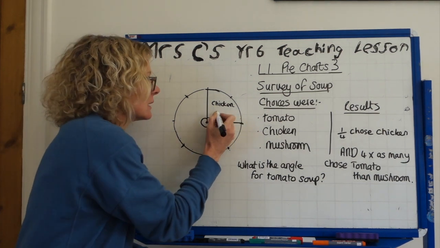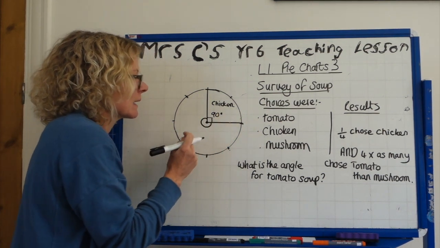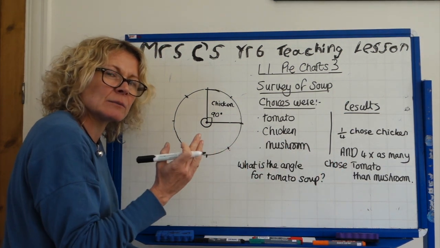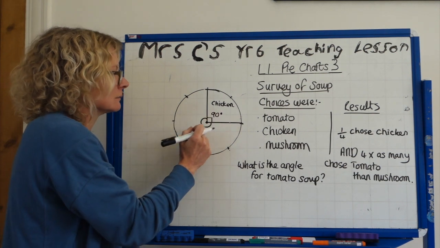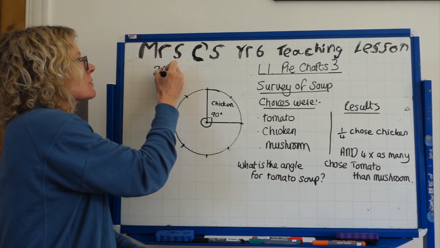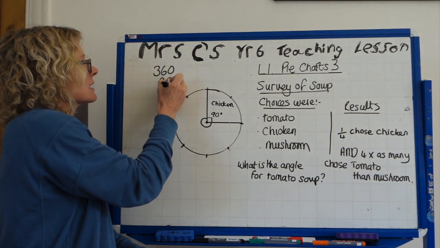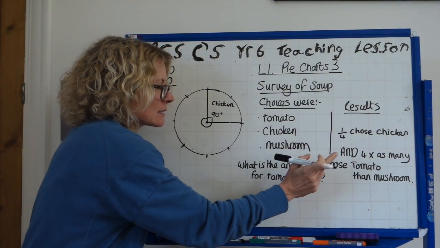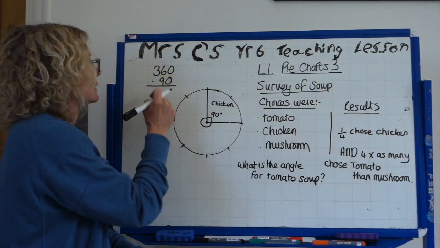A right angle is 90 degrees. So let's look at what's left to share between the tomato and the mushroom. 360 take away 90 will work out what degrees we've got left to share between the tomato and the mushroom, okay?